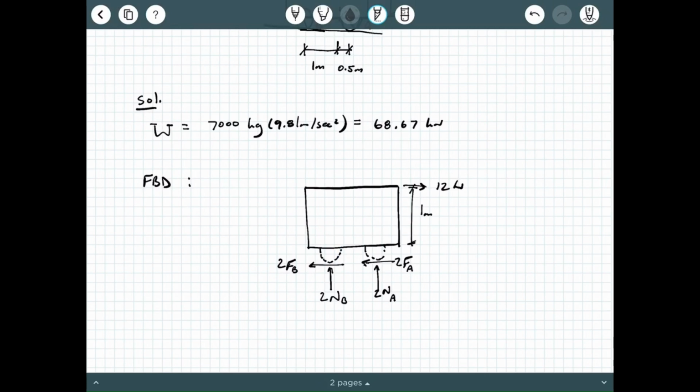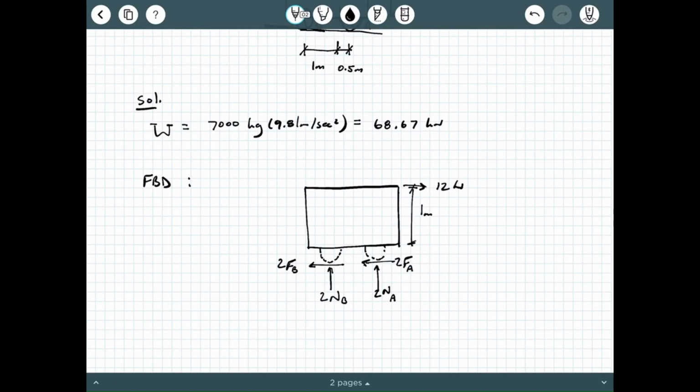You have 2 wheels at the B location at some distance apart in and out of the page, and the same thing at A. So you really have 2 normal forces, 2 N sub B, 2 N sub A, and then 2 times the friction force, because again, you have 2 wheels at each of those lines, okay?